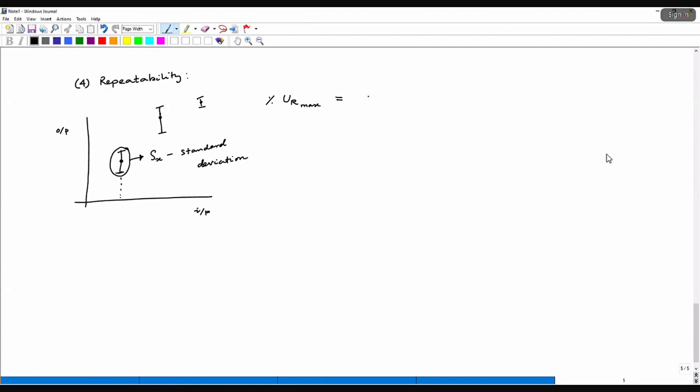So the repeatability is mathematically defined as twice Sx, the standard deviation, divided by the full scale output. Basically this is y max minus y min into 100.